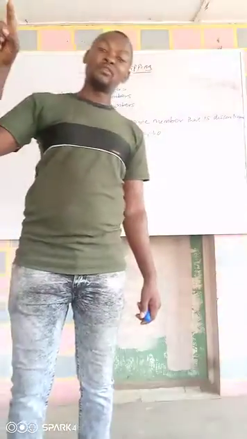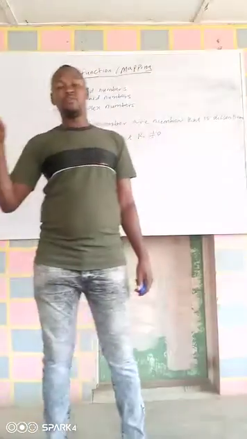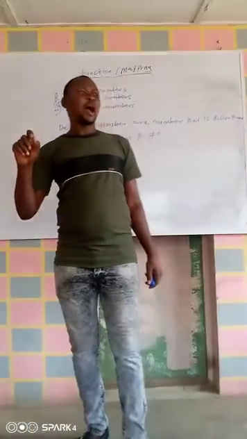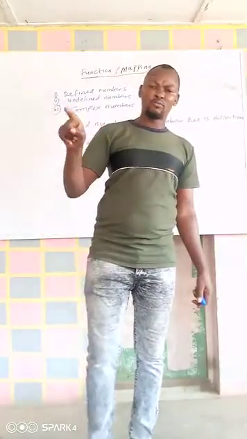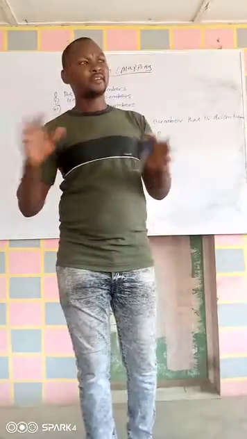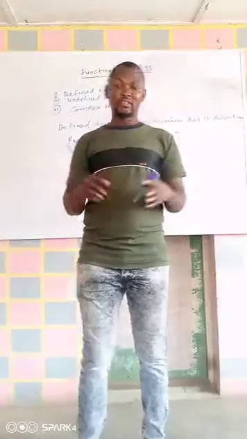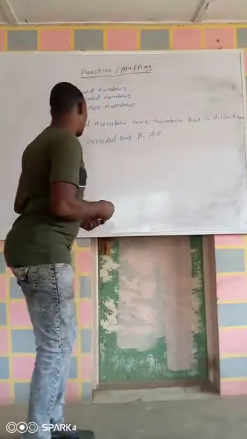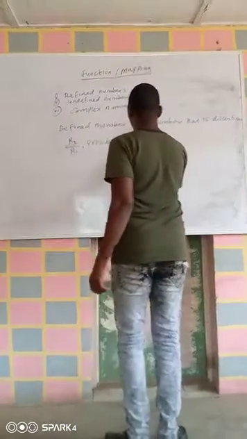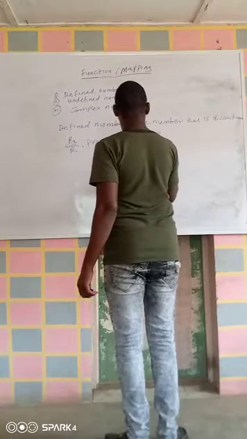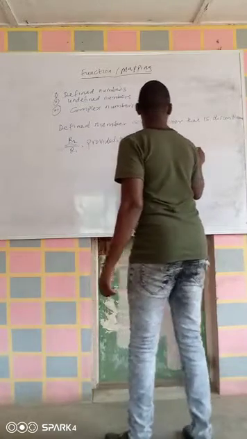I've said it in one of the videos before. So integers are whole numbers that are not decimals. Examples are 0, 1, 2, 3, 4 to infinity.